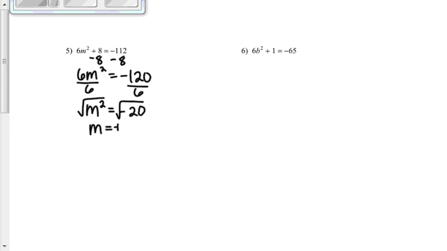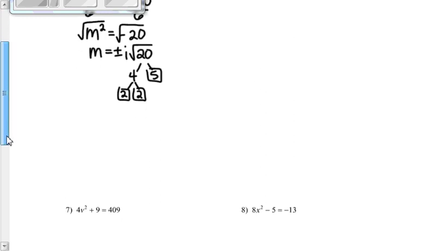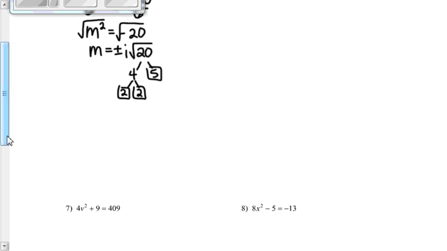So I have m equals plus or minus, and then because there's a negative, we know there will be an i in our answer. So making it i square root positive 20, and then we have to see if we can simplify this. So I'm going through that process. And then if you take a look, and so I've been rewriting this, but you can also do this just by taking a look at your factor tree to see if you have any doubles.